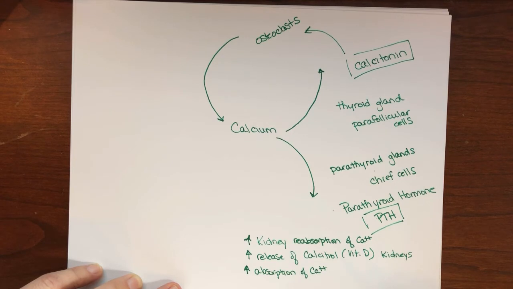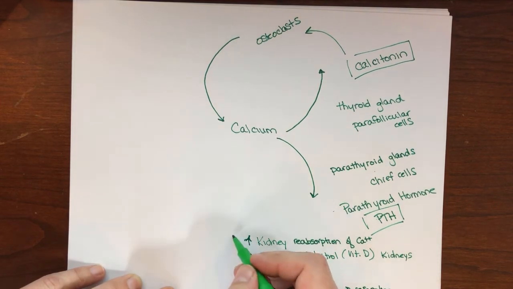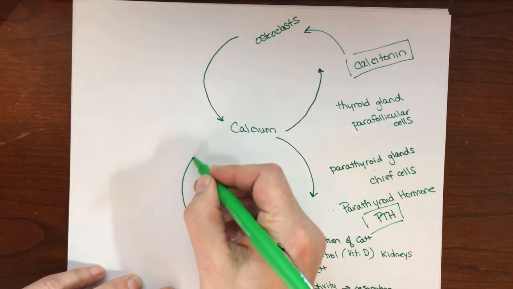And the last thing we're going to do is we're going to increase the osteoclast activity. So get those bone breaking cells out there breaking down bone. This is called resorption. So a number of different ways to increase the calcium levels in the body, and it will come back up.